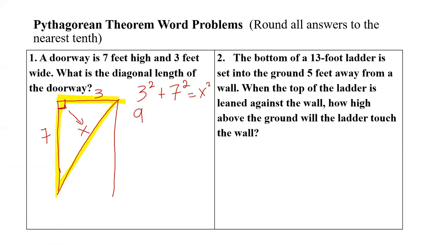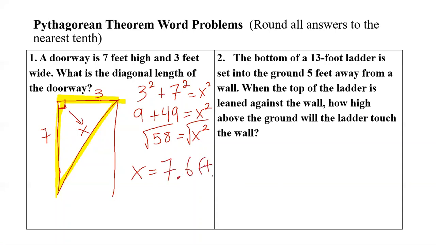So 9 plus 49 equals x squared. 58 equals x squared. Then we're going to take the square root of both sides. X equals 7.6 feet. And here I would really like you to include your units. Okay.